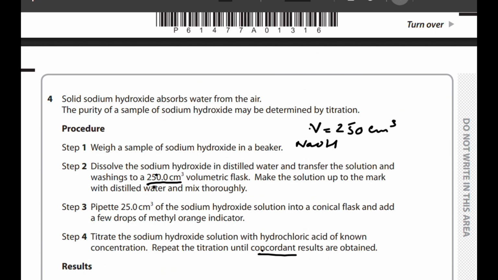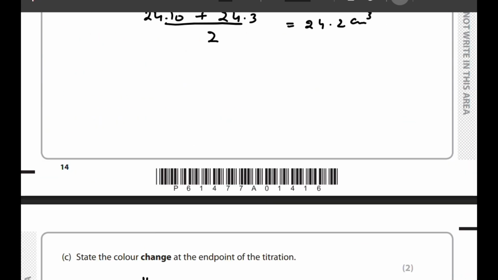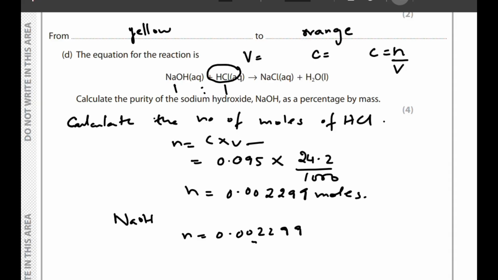So the volume needs to be 250 instead of 25. So taking the moles in 250 centimeter cube of the volume, we need to multiply this by 10, because we have taken 25 and now we are taking 250.